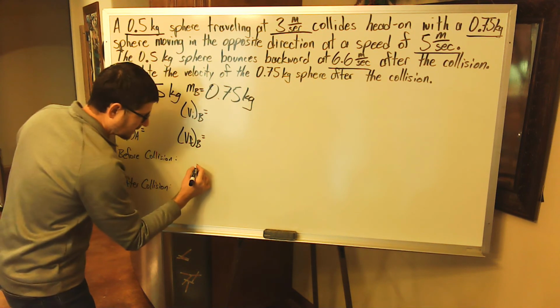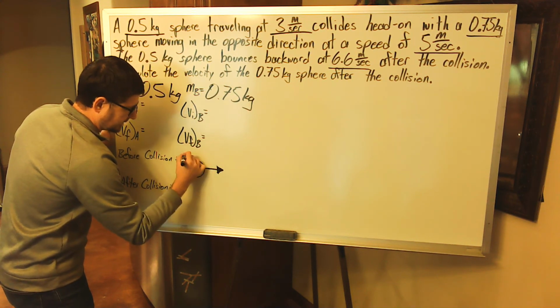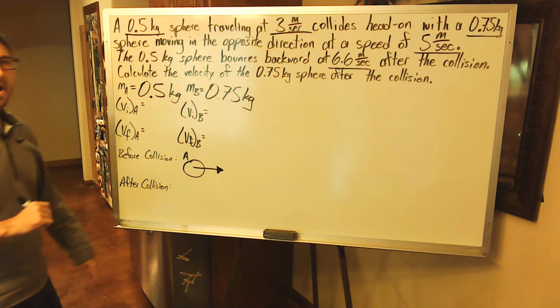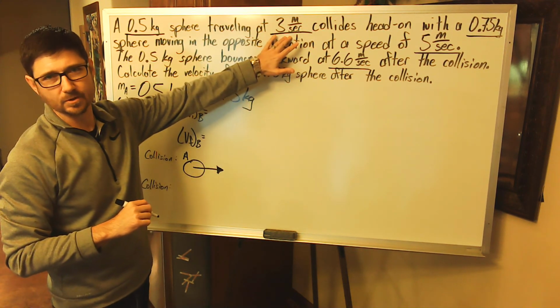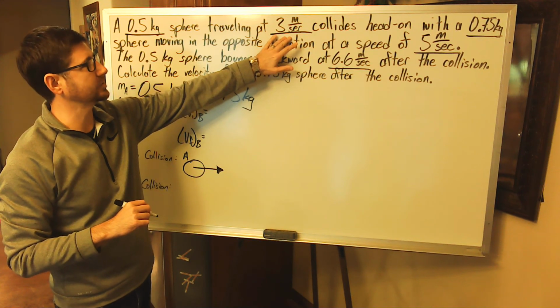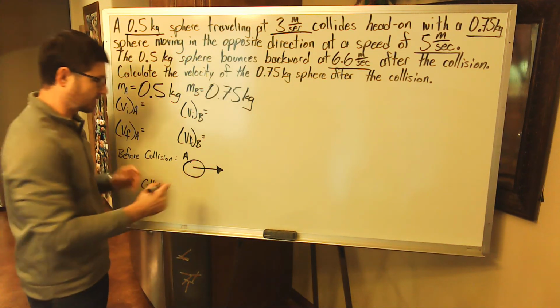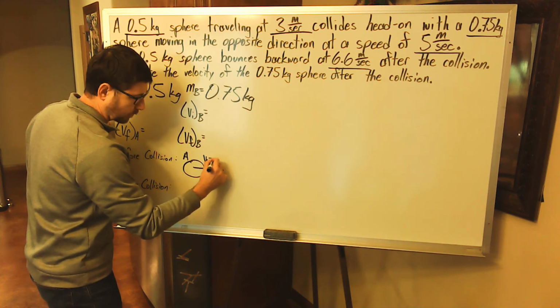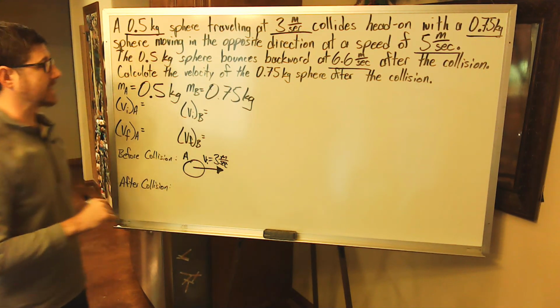So we have sphere A right here moving in a positive x direction. Remember, velocity is a vector, so it does show direction and magnitude, and we have a positive value associated with that. So our initial velocity for sphere A is 3 meters per second.